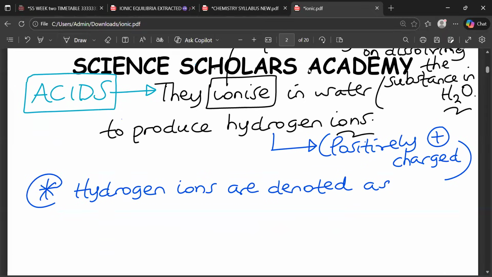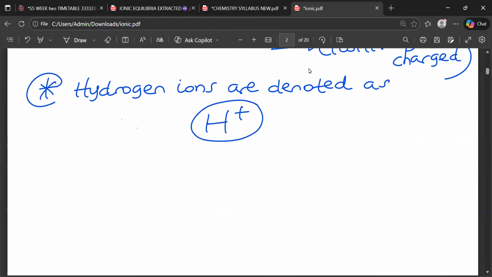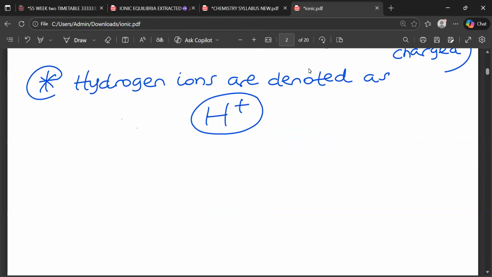They are denoted as hydrogen H, but with a plus like that. Very important. We have been having that structure so much in organic chemistry.